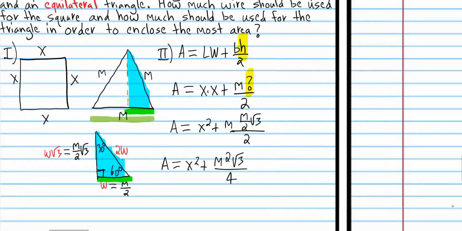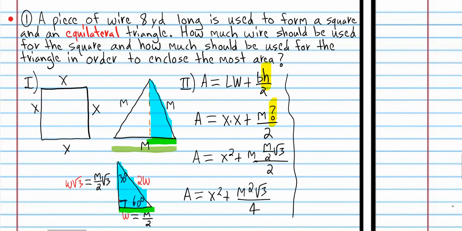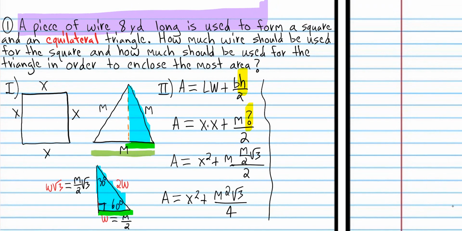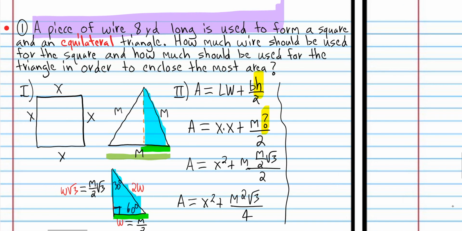So we need to use this purple information to help us get this equation in terms of 1 variable only. And so we know that the total length, which I'll notate as LT, the total length of the wire, is the perimeter of the square, which is obviously 4x, plus the perimeter of the triangle, which is obviously 3m.